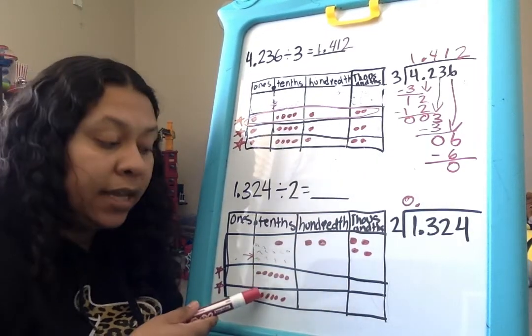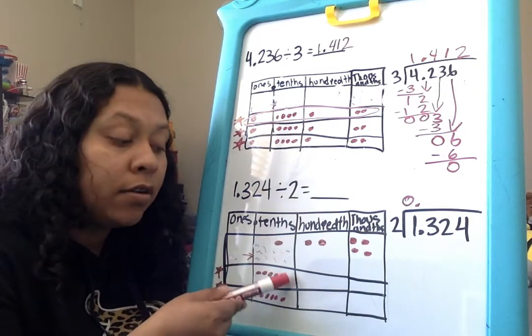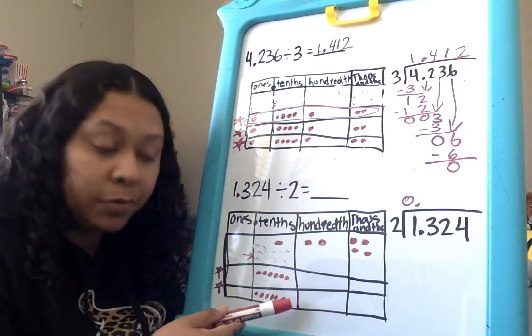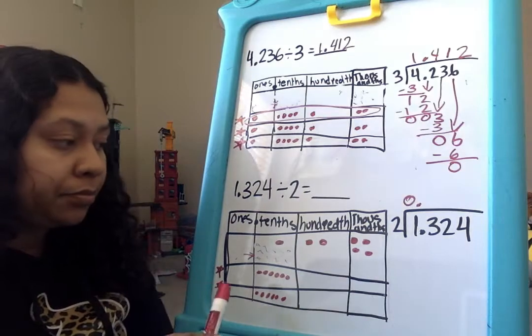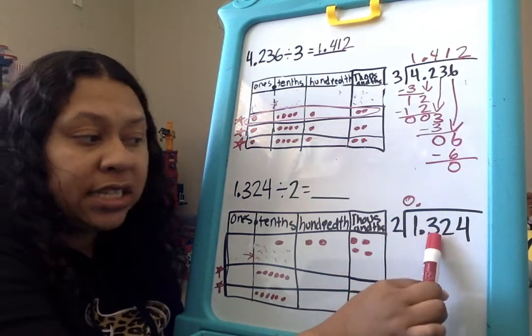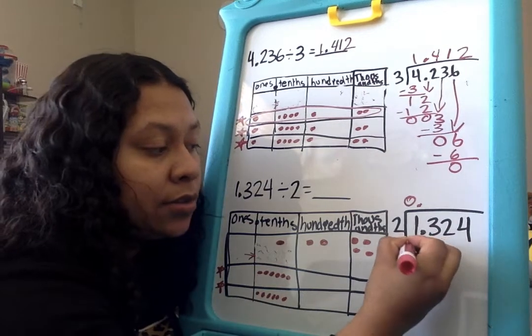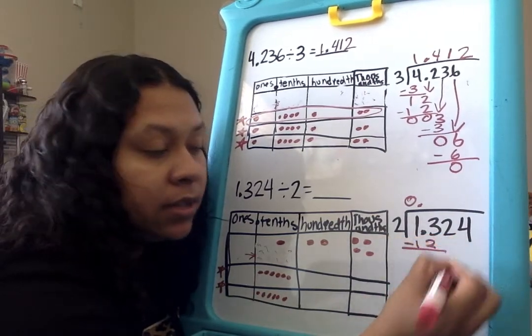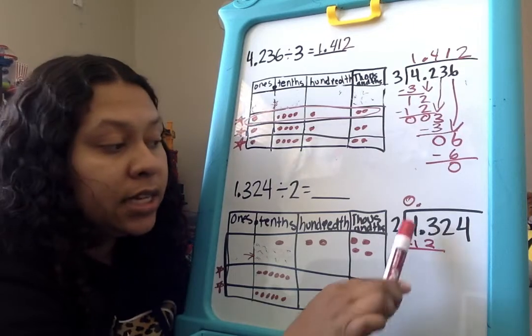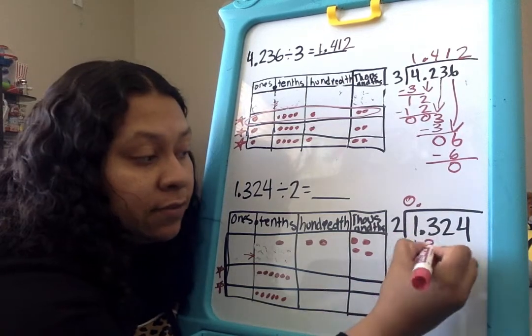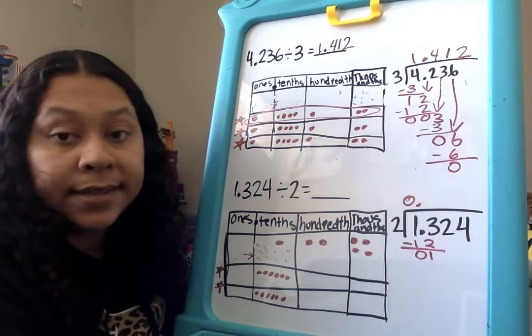I stopped at 12 because I don't have one left over, but I don't have enough to share into two groups equally. So now, if we had 13 tenths and we only shared out 12 tenths, we need to show that here. So minus 12. So 13 tenths minus 12 tenths gives us left over 1 tenth, okay?